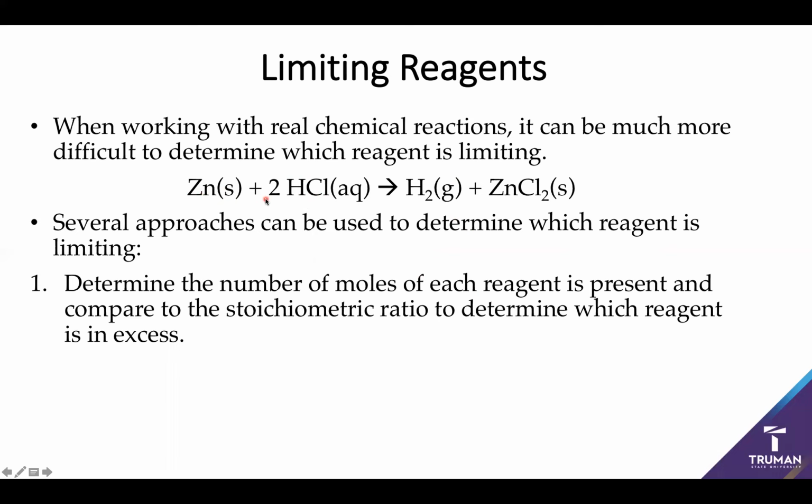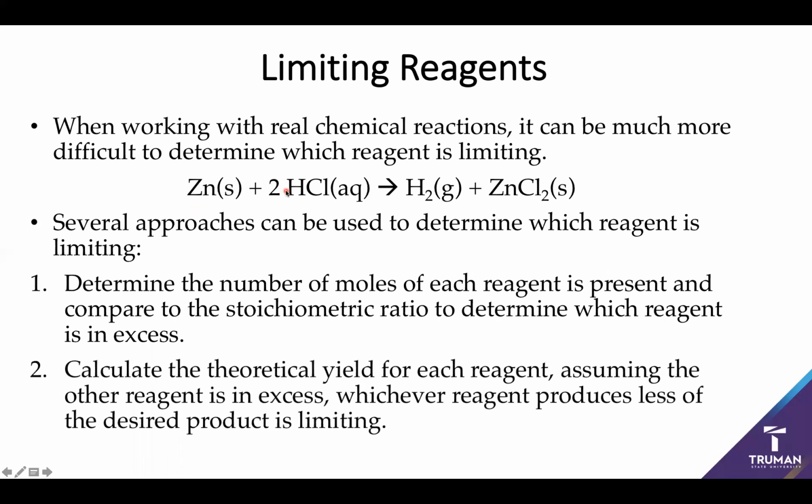So if I have equal amounts of HCl, then I'm going to need more HCl. If I have 3-to-1 HCl, then I'm going to need more zinc to react that extra equivalent of HCl. And so you can go ahead and compare how much your actual ratio is versus the stoichiometric ratio.